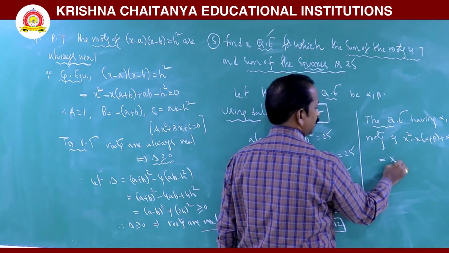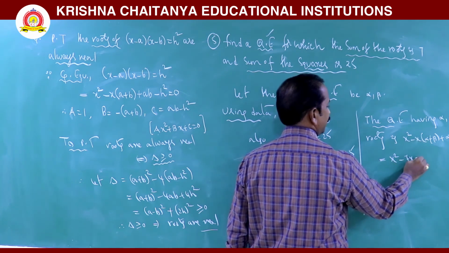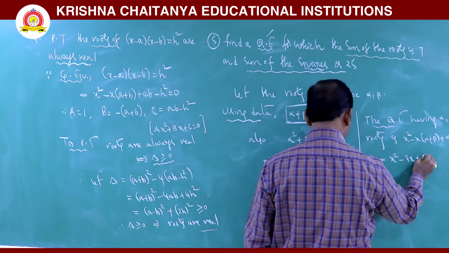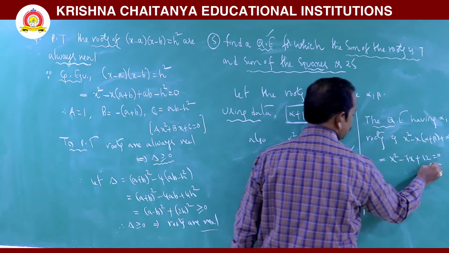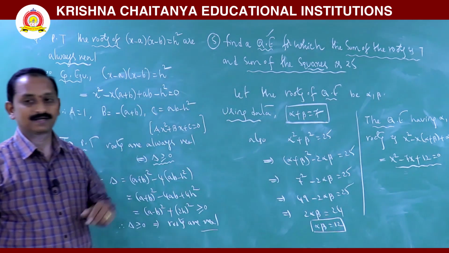That implies x square minus the sum of the roots, which is 7, so 7x, plus alpha into beta, which is 12, is equal to 0. This is our required answer using the given conditions.